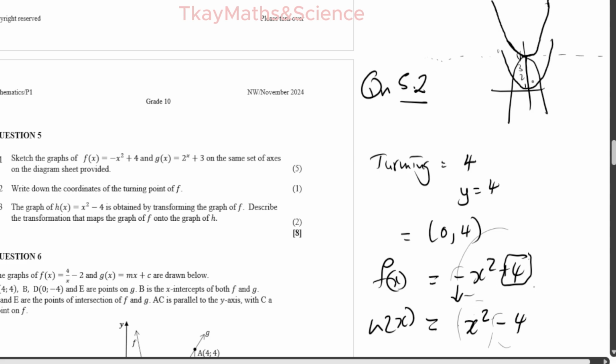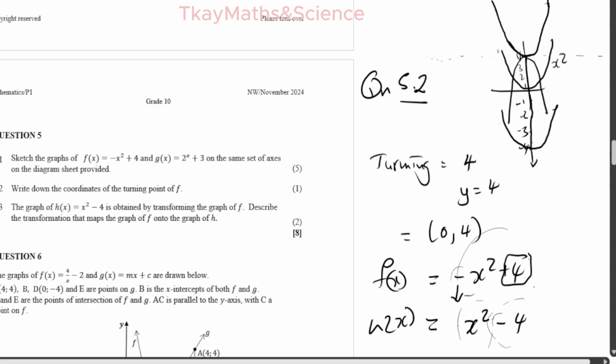So now it's transforming 4 units down, which is negative. It's gonna go minus 1, minus 2, minus 3, minus 4. So the final graph will be like this, right?